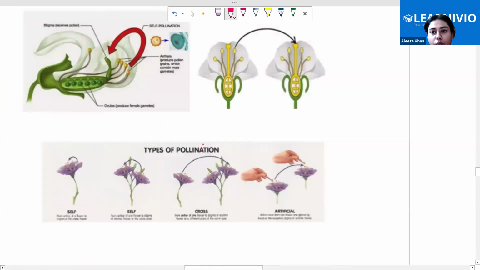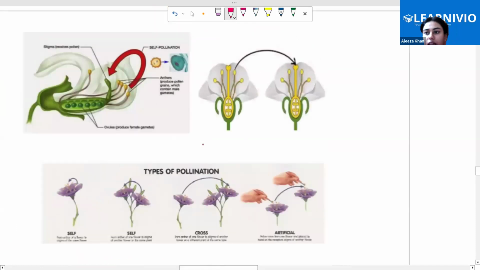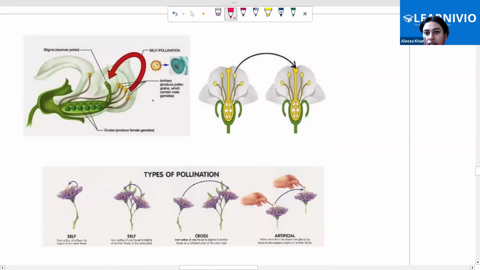What's happening exactly in this? These two images. What are you able to figure out from this?